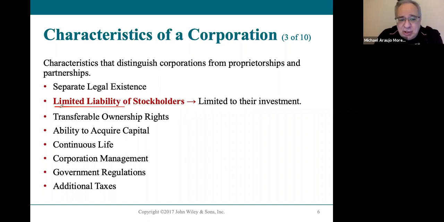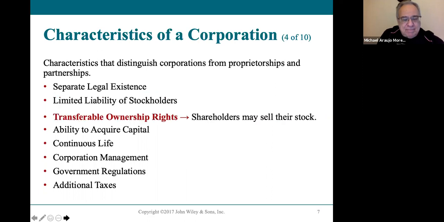As a corporation, the owners, the stockholders, have limited liability in the worst case scenario that the corporation does something terrible and is sued practically out of existence. The most they can lose is whatever they put in. So if I put $10,000 in cash into a corporation, that's how much my stock is. That's all I can lose if things go belly up. That's not true if I were a sole proprietorship. I could lose a lot more.